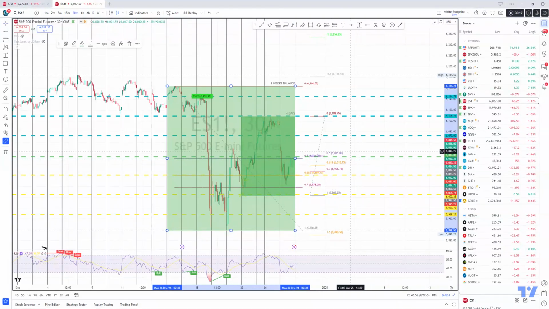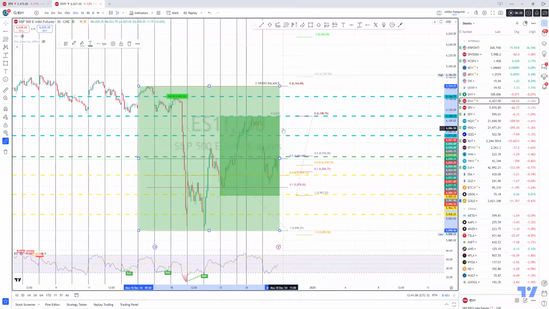The way I have it set up for this week is that if we hold above this area, 6034, what I think will happen is you see a value gap here that is likely to get filled, which is this gap right here. It's a value gap from Friday, from 6055 all the way up to this area here, 6097. So we have a 45 point gap there.